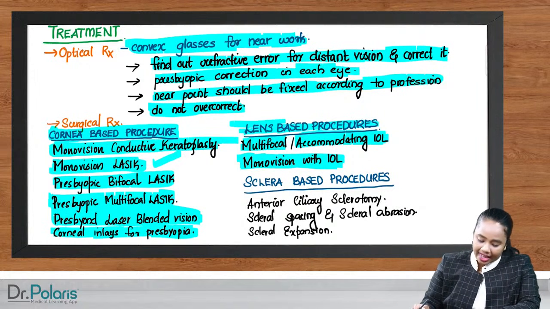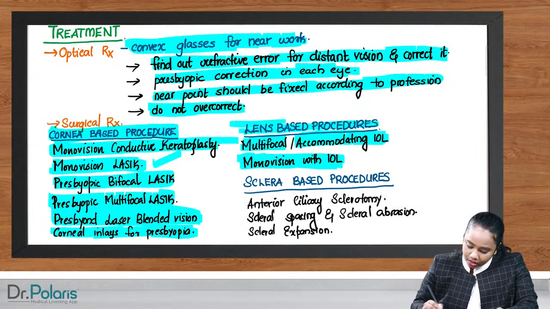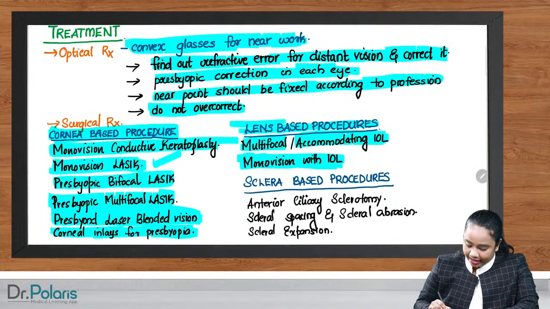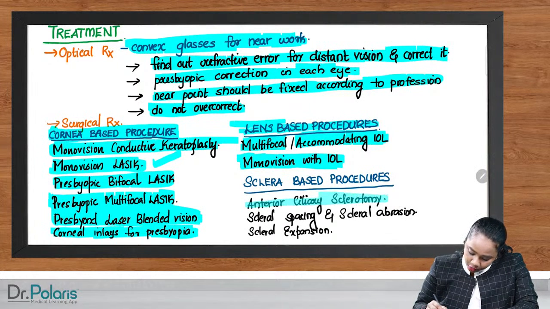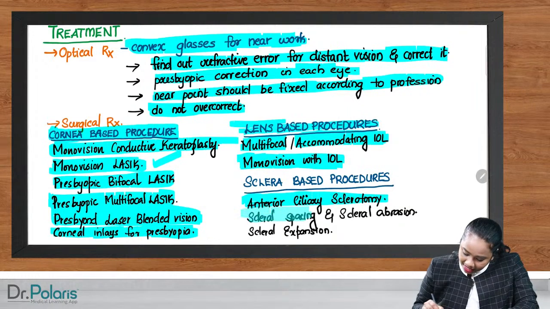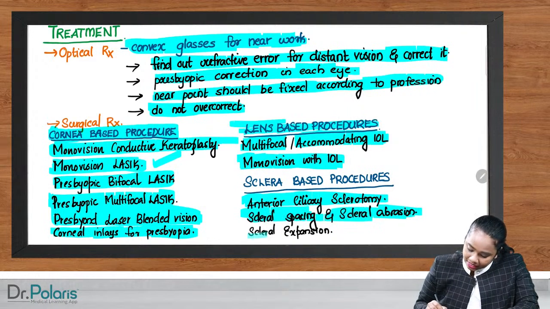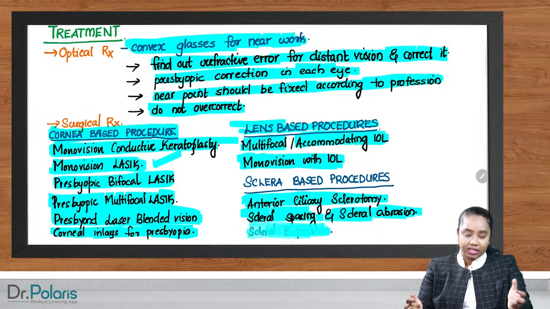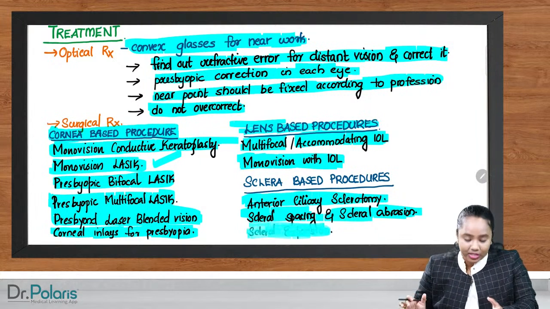So that is about lens based procedures. Now sclera based procedures are under trial. You have anterior ciliary sclerotomy, scleral spacing, scleral expansion, keeping certain substances in between and expanding the sclera. These are all procedures which are under trial.